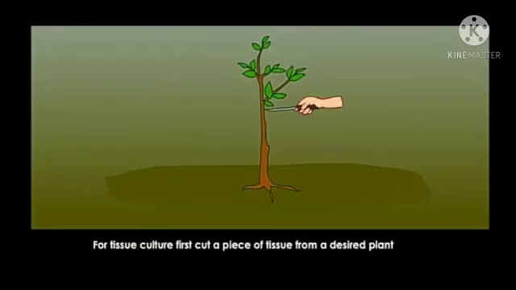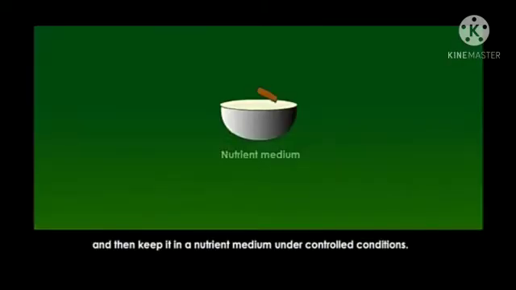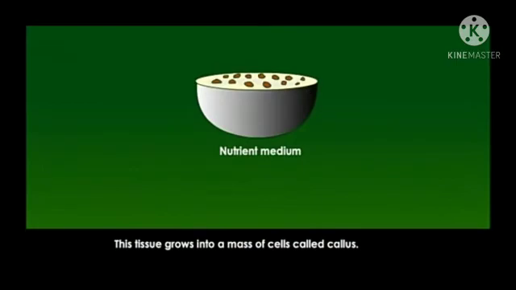For tissue culture, first cut a piece of tissue from a desired plant and then keep it in a nutrient medium under controlled conditions. This tissue in the nutrient medium grows into a mass of cells that is called callus.